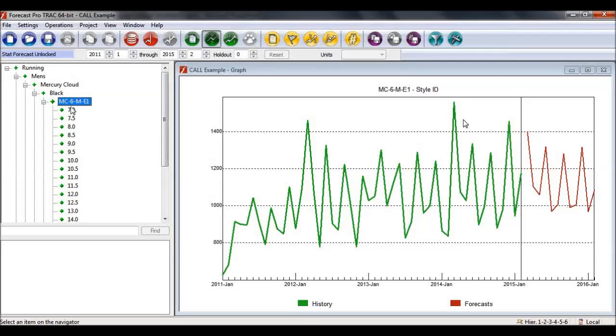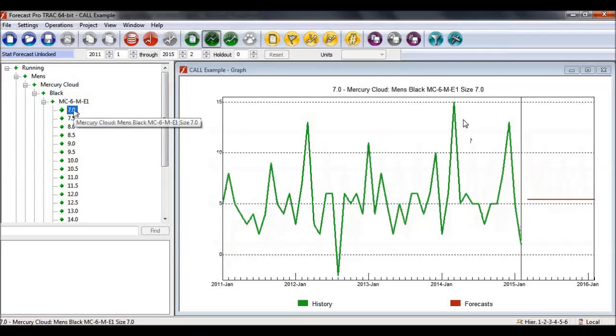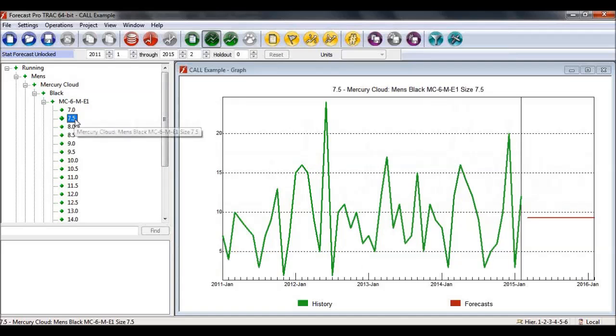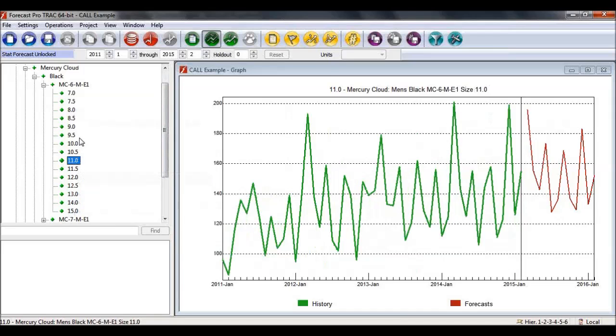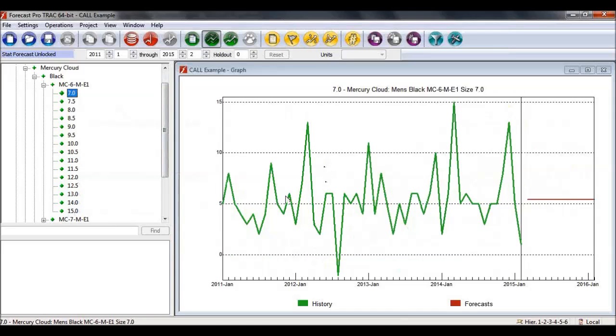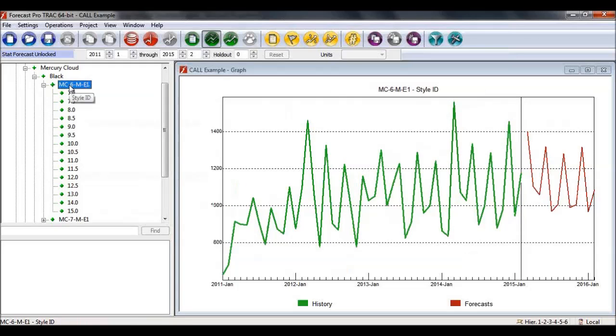Underneath this item are certain sizes, so you can see this is size 7, size 7.5. At the low volumes, some of these are more popular, but a lot of the smaller sizes are very low volume, just like we're talking about, very sporadic, very difficult to track. So this is the type of data we've been discussing throughout this webinar. You can see it's generated flatline forecasts. Now we could have come up here and we have our two options.